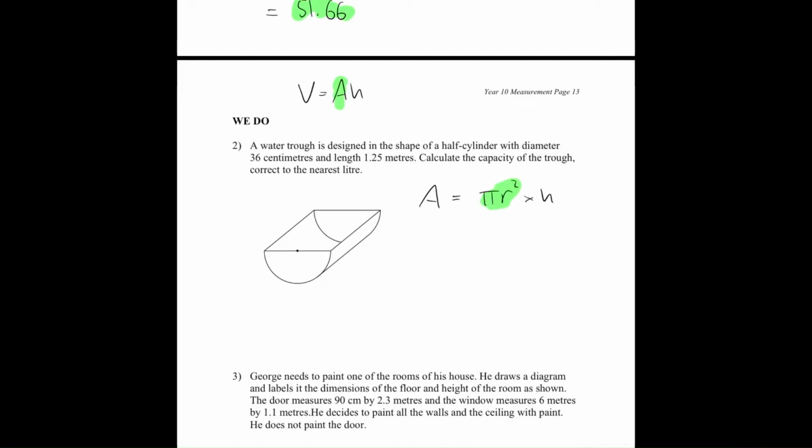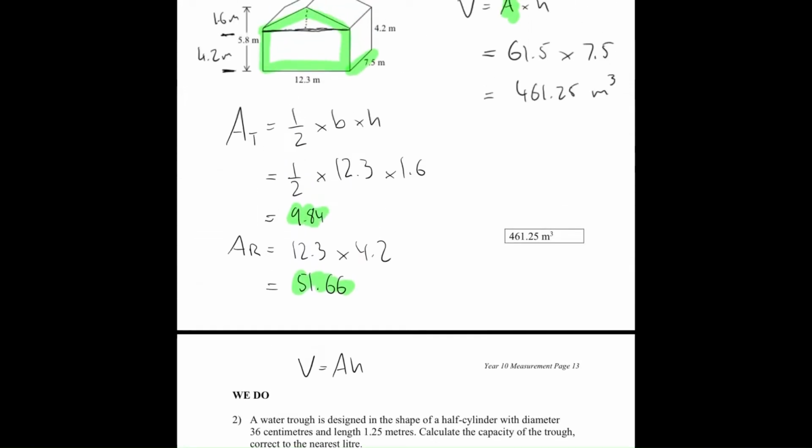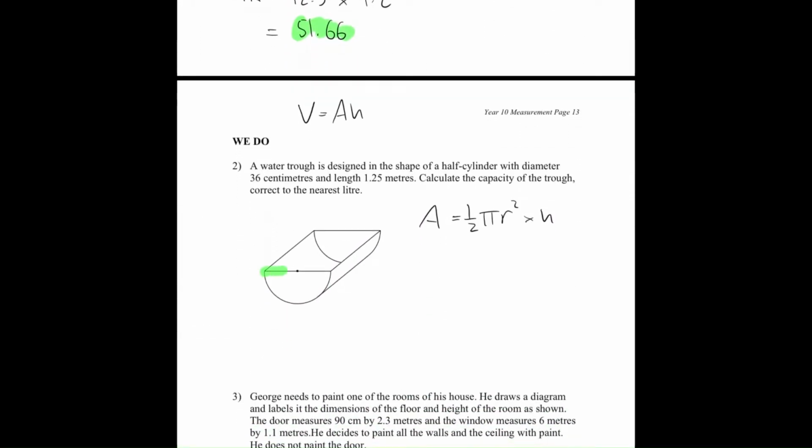What did we do to calculate the area of a circle when we only had half a circle? Well, we multiplied that area by half. So we're going to do that here. We're going to multiply the area by half and then multiply it by the height. Same thing as what we did up here. We're calculating this area as the area of half of a circle, and we're multiplying it by the height.